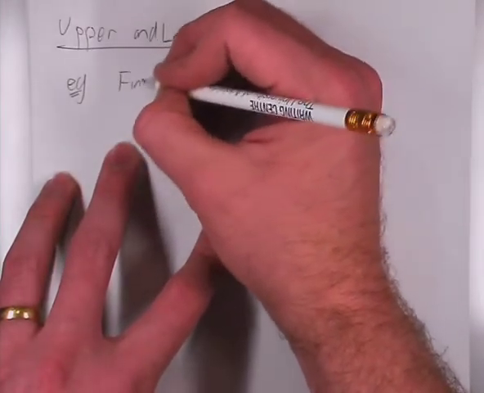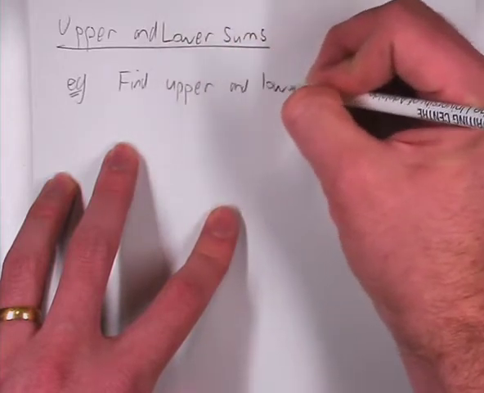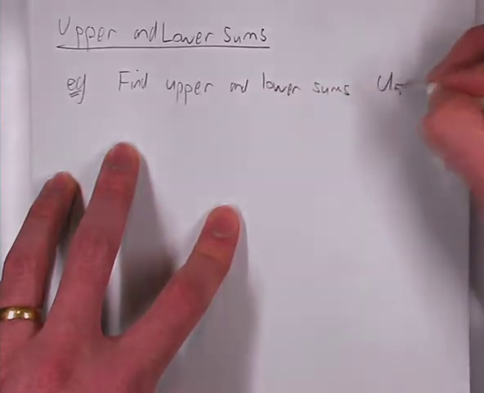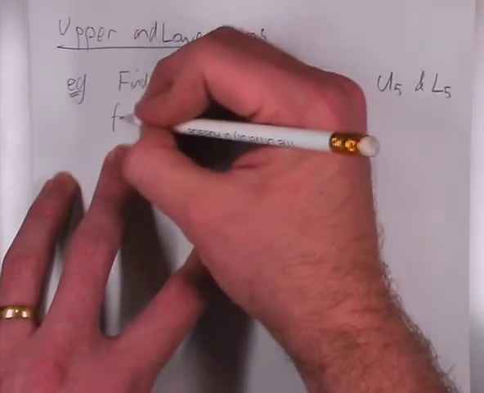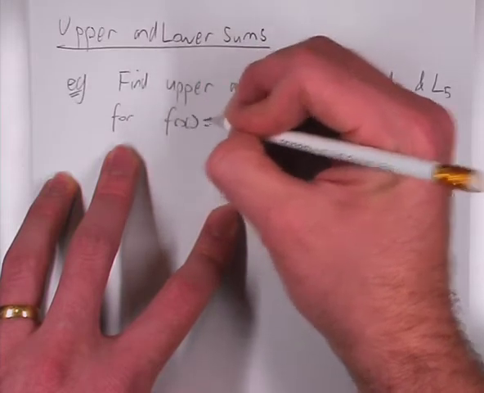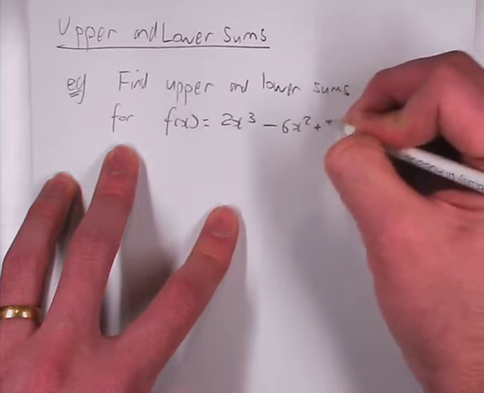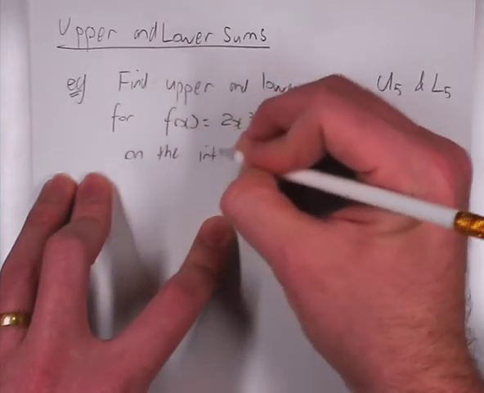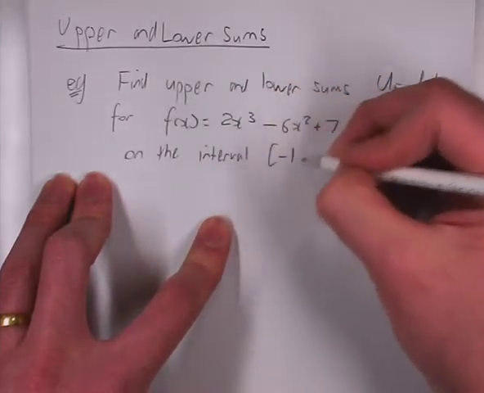So find upper and lower sums U5 and L5 for f of x equals 2x cubed minus 6x squared plus 7 on the interval -1, 3.